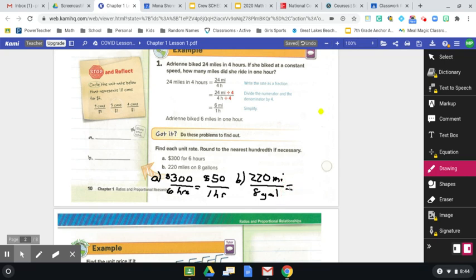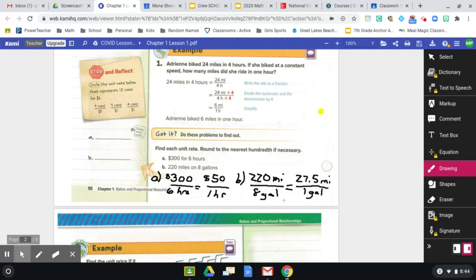So let's divide it out. We're going to do 220 divided by 8. As we do this, you should be calculating it as I'm calculating it. When you look in your calculator, you should see 27.5 miles per 1 gallon.